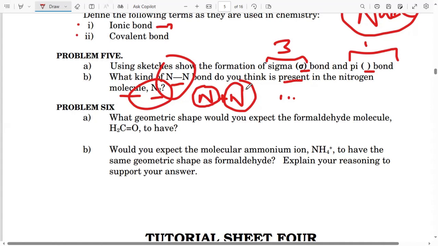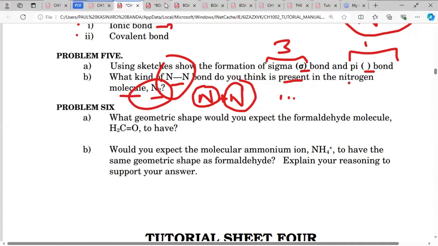Single bond, double bond, triple bond, whatever bond, a sigma bond will be there. But the pi bond is only present in multiple bonds. So for example, in the double bond, you will find a pi bond. In the triple bond, you find a pi bond, just like that. So now let's determine the bonds that are present in this nitrogen molecule here. So I'll go to my board here.